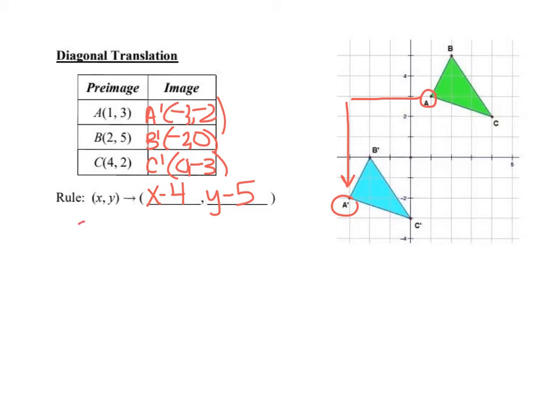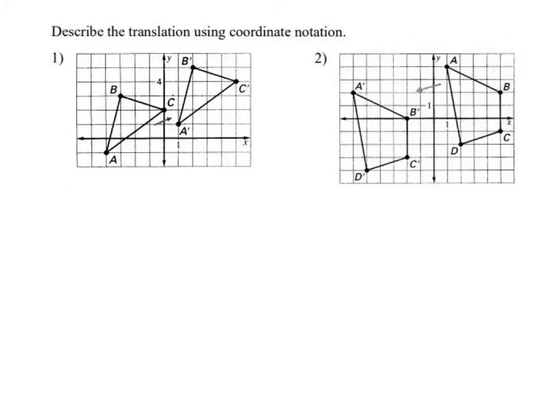And so in general, for a diagonal translation, we're just going to combine the rules for horizontal and vertical. If we're moving horizontally, we write that as x plus or minus a. And then for the vertical movement, it would be y plus or minus b.